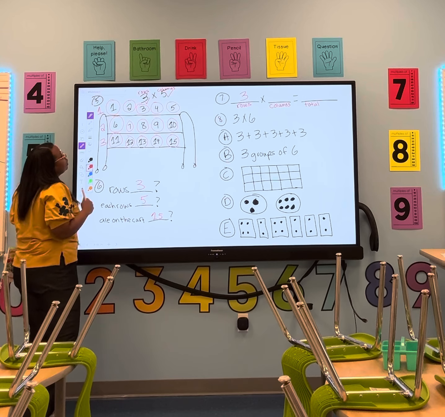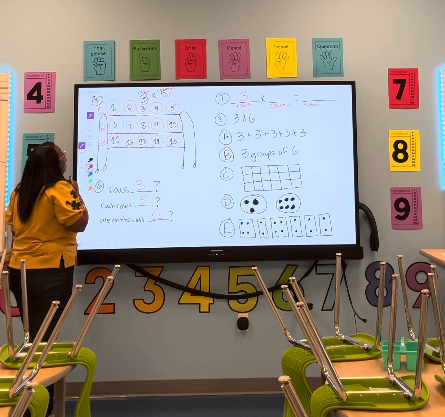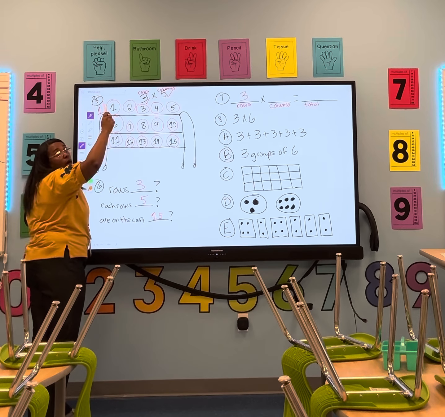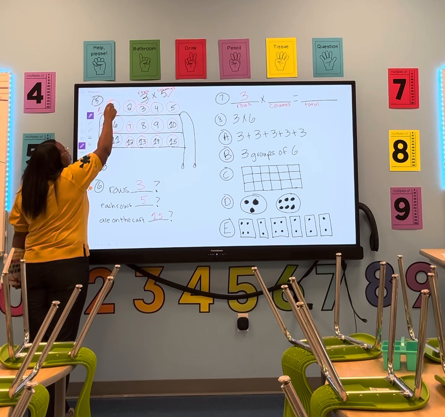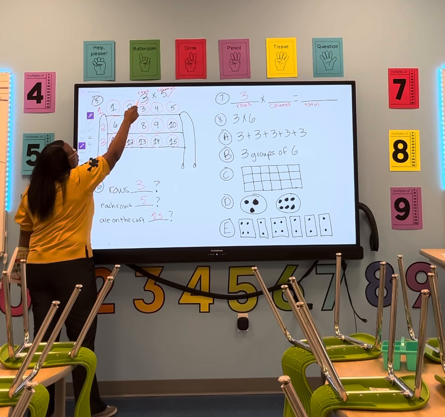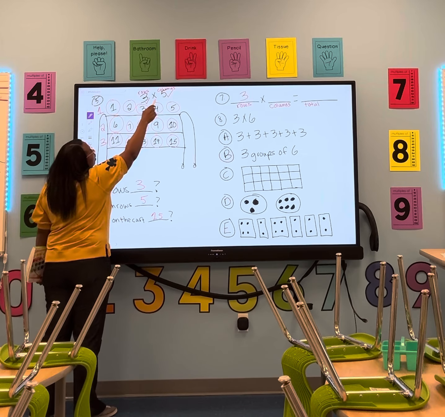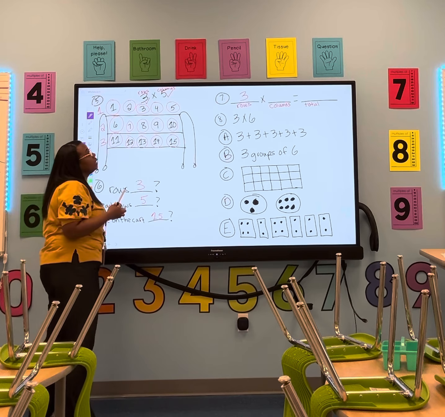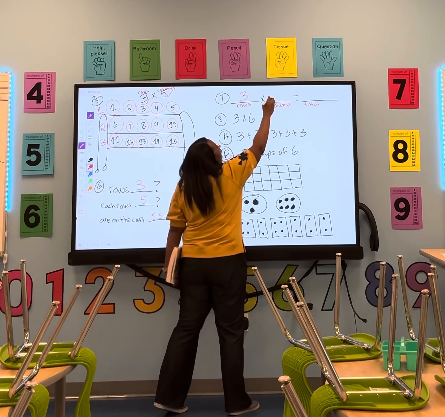If I look at my columns, I can see how many columns I have. Remember, columns go up and down. This is one column, 2 columns, 3 columns, 4 columns, 5 columns. So the next number is going to be 5.